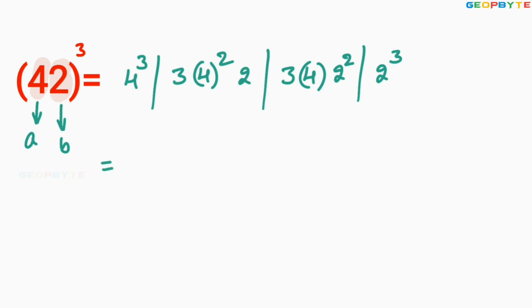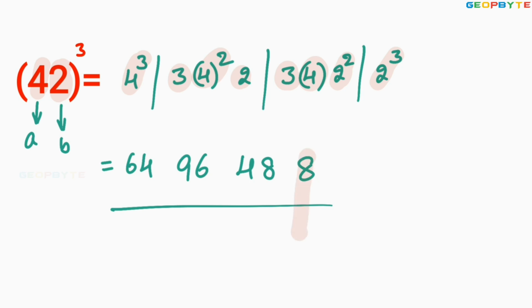Here 4 cube is 64. Then 4 square, 16 into 3, 48 into 2, 96. Then 2 square 4 into 4, 16 into 3, 48. 2 cube is 8.